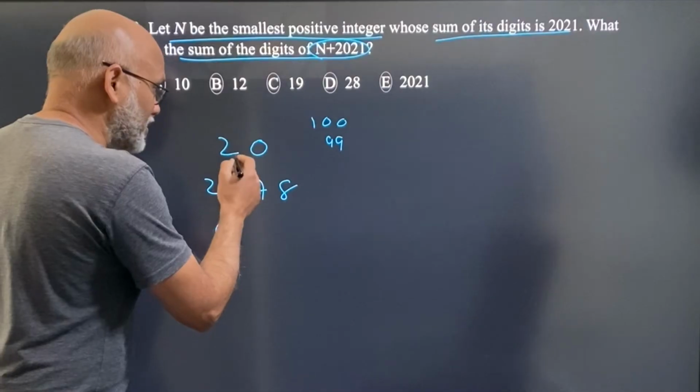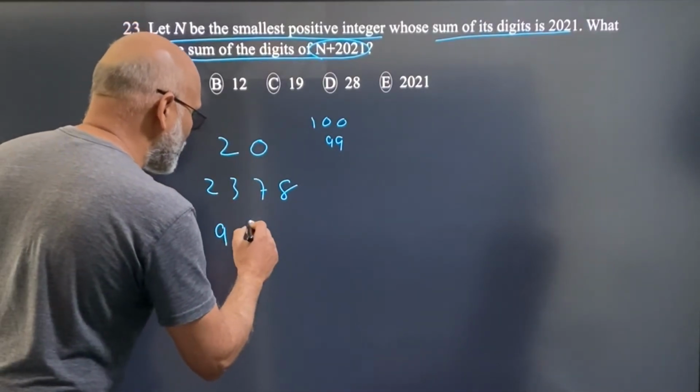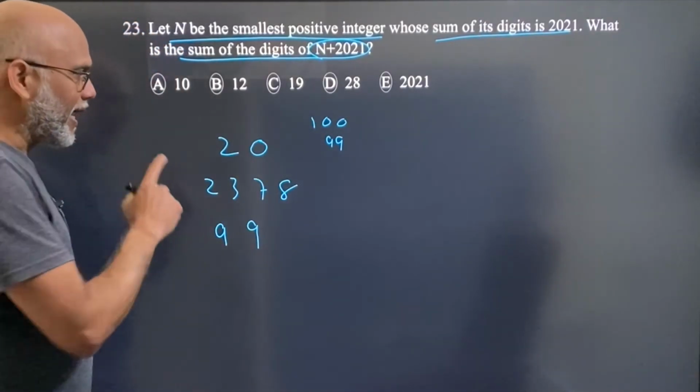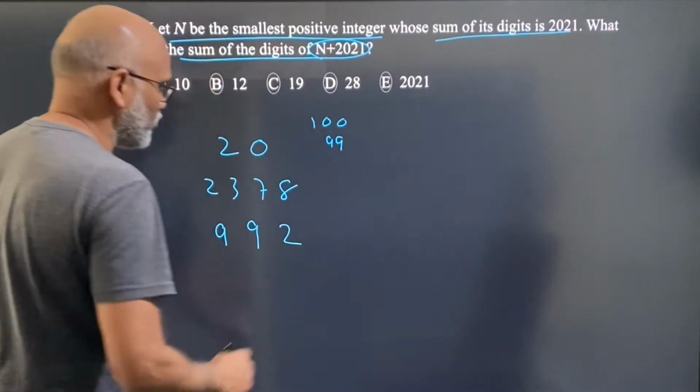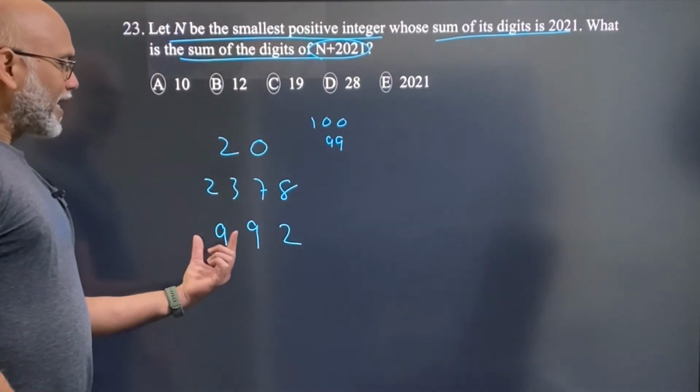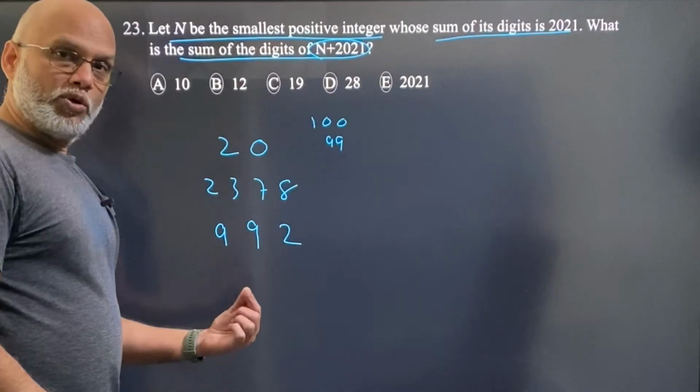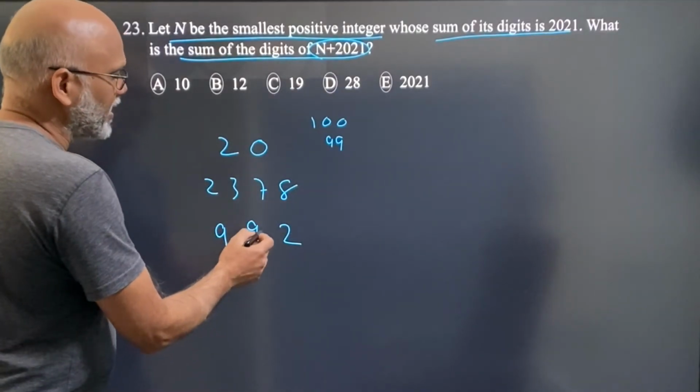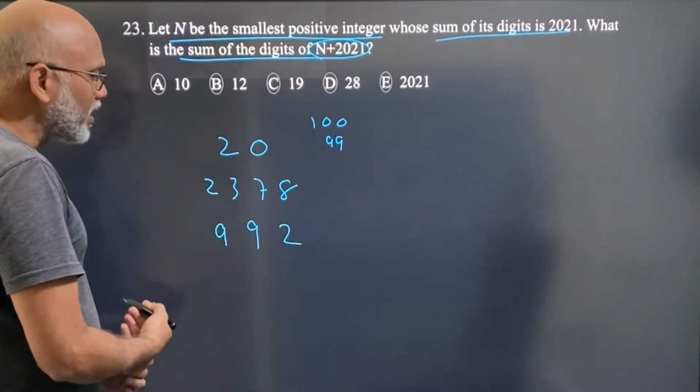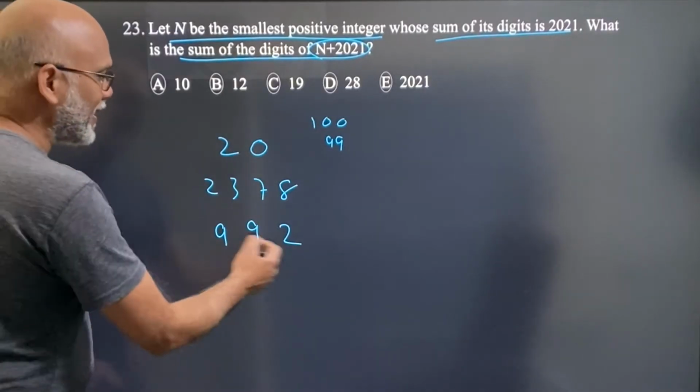Can I use more 9s? Yes, I can use another 9. So 9 plus 9 is 18, and then 2 is remaining, and then a 2. Okay, so I can use two 9s and a 2, together 9 plus 9 is 18, plus 2 is 20, right? But then another question is, how do I arrange them?